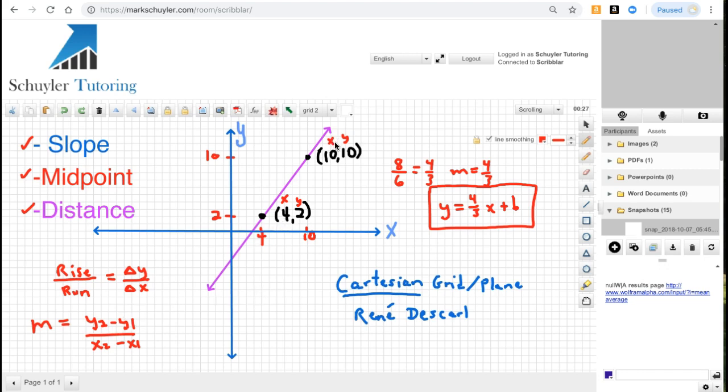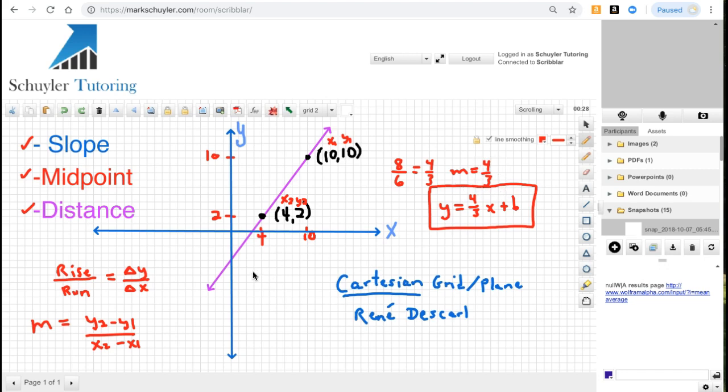In other words, I'd label this one x1 and y1. But down here, I would label this point x2 and y2. And then carefully substitute them in to our (y2 minus y1) over (x2 minus x1). But that's a quick way to get slope, and if we did it that way, it would work out to the 4/3 that we saw earlier.